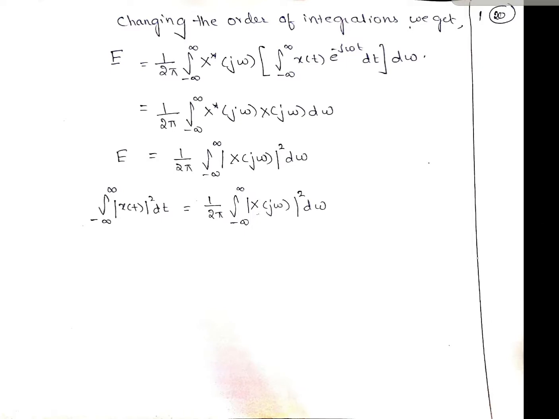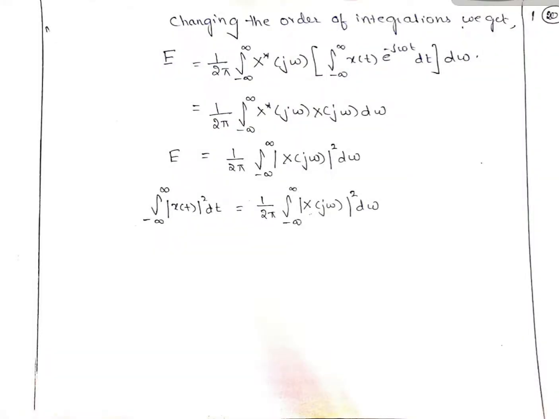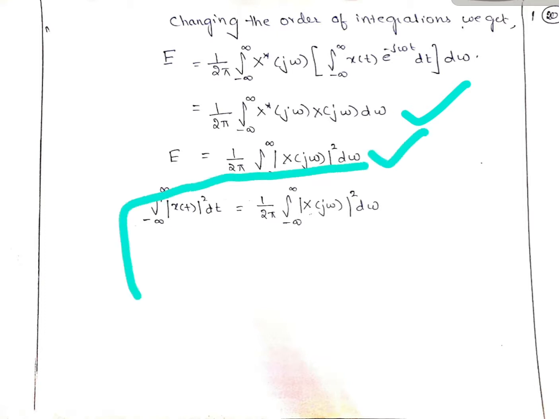This is nothing but X(jω), and this is X(jω) times X*(jω) dω, which is nothing but |X(jω)|² dω. Therefore according to Parseval's theorem, ∫ from −∞ to +∞ of |x(t)|² dt is 1/2π ∫ from −∞ to +∞ of |X(jω)|² dω.